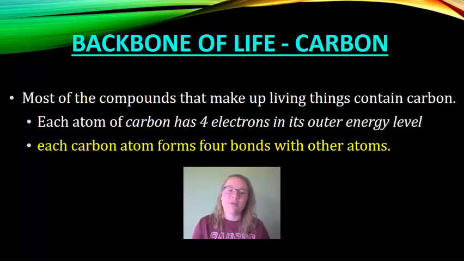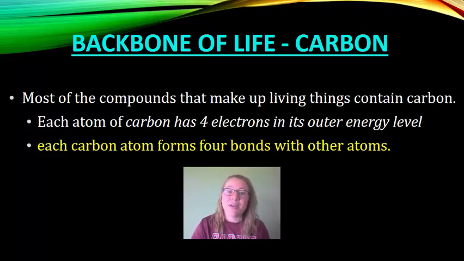So again, carbon is the backbone of life, and most of the compounds found in living things are actually made of carbon. But why is carbon making up everything? Well, that's because carbon has 4 valence electrons. That means it has 4 electrons in the outermost ring. Remember when we talked about bonding, each one of those valence electrons can be used to form chemical bonds.